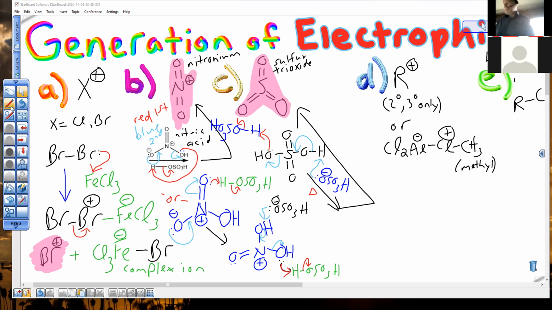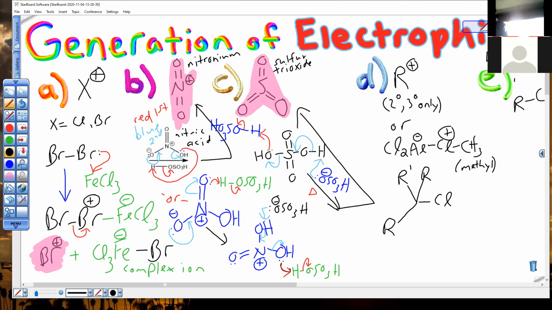Let's do a carbon that could be a secondary carbon. Could be secondary, could be tertiary, could be anything. R, R prime, R double prime. Okay.